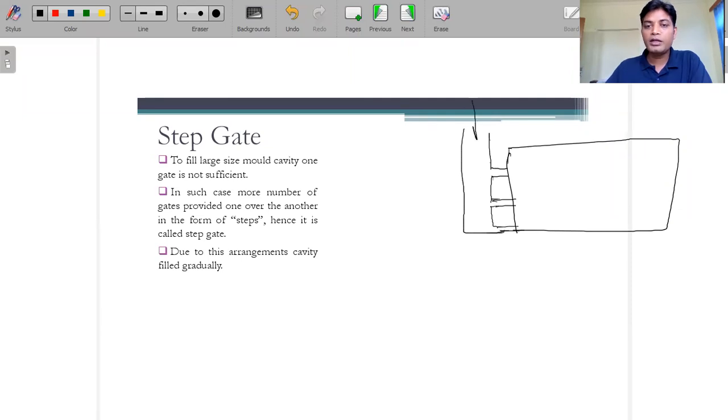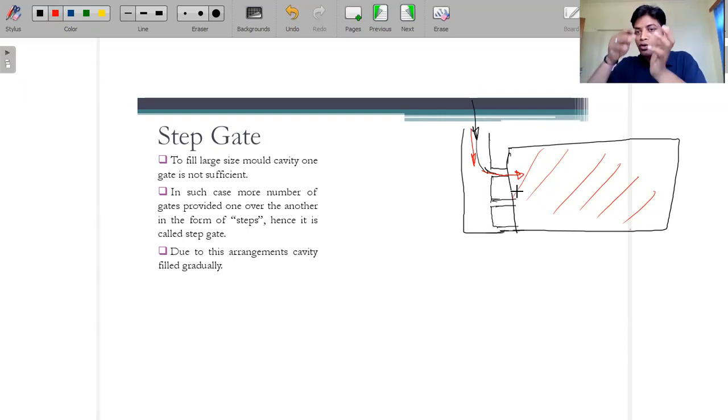We are filling the molten material in this side. This is the mold cavity that we have to fill, so this molten material can be transferred in this direction, and can come into the mold cavity through these gates. This is the first, this is the second, and this is the third gate. This molten material can enter through this gate, and it can enter from this gate.